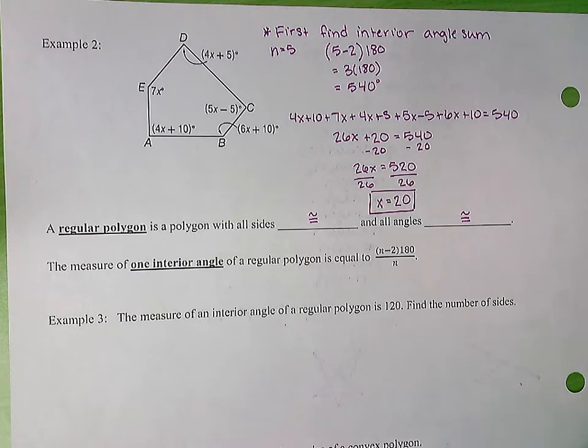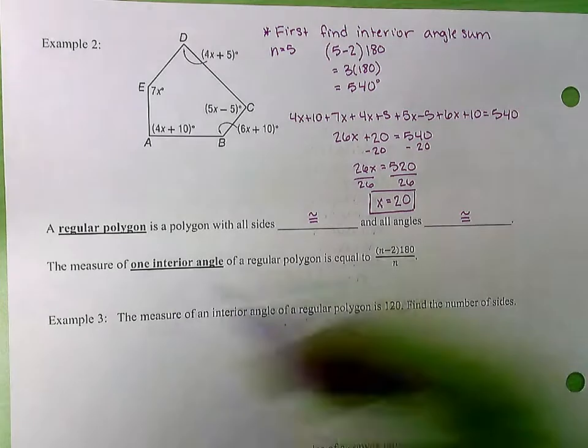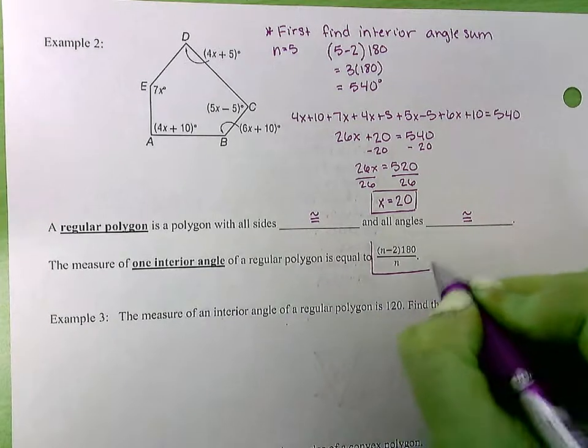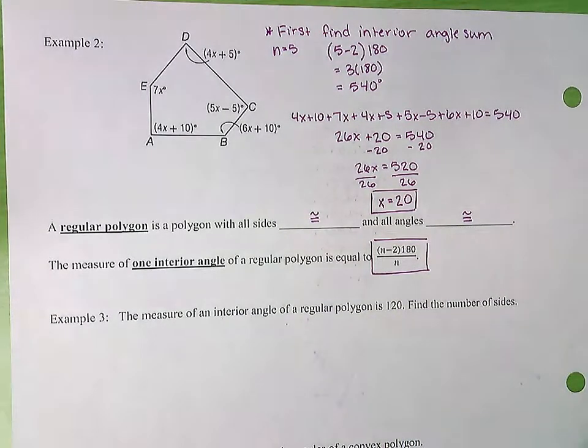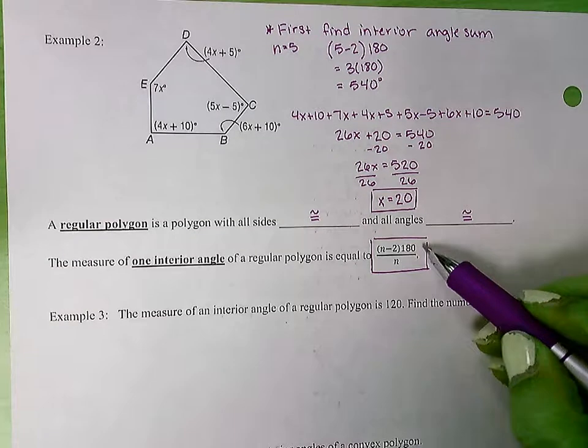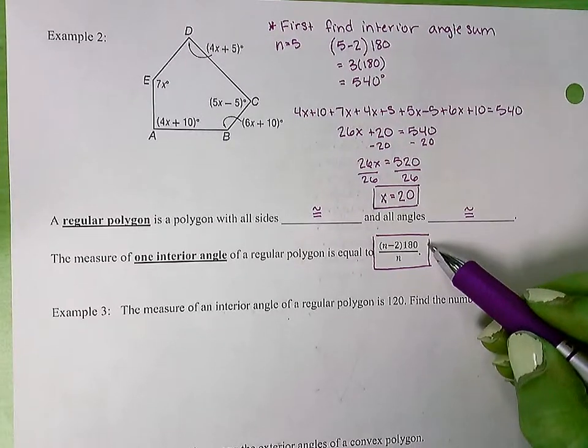So we have a formula to find one interior angle of a regular polygon. That one interior angle would be equal to that n minus 2 times 180, but then it's also divided by n. So that top portion is your interior angle sum.